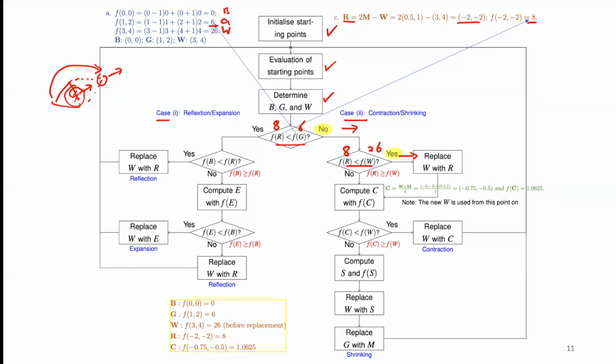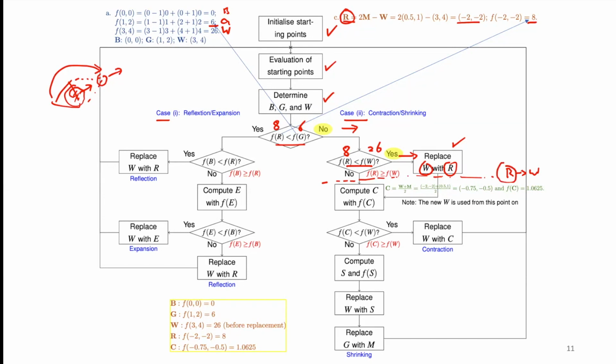Now we are at this point. We are going to replace W with R. Remember that once we get to this point, the original W point will be replaced by the point R. That means from this point on, when we mention W, that is R. Okay.